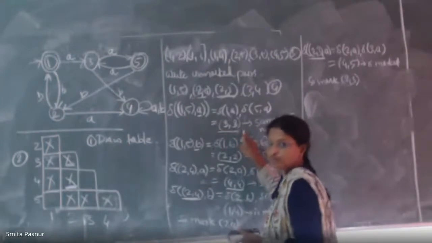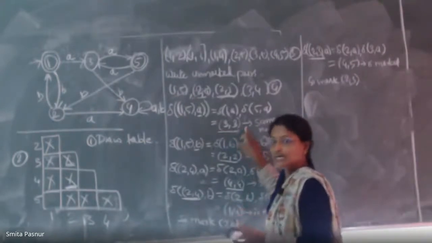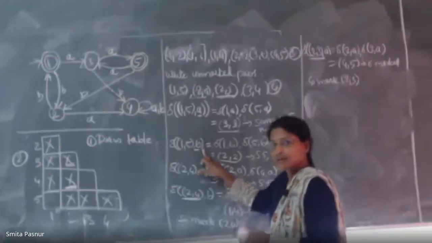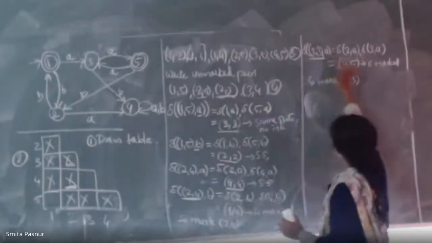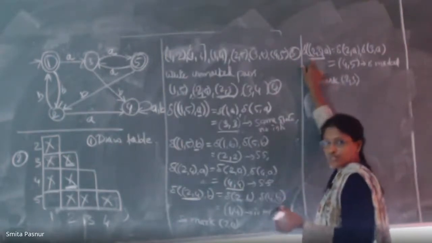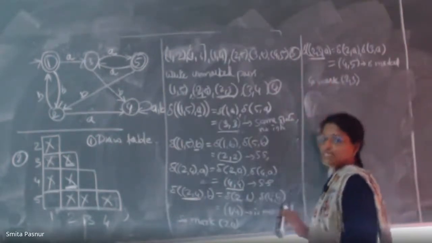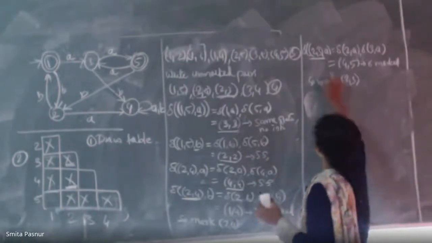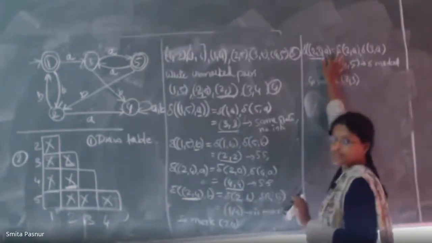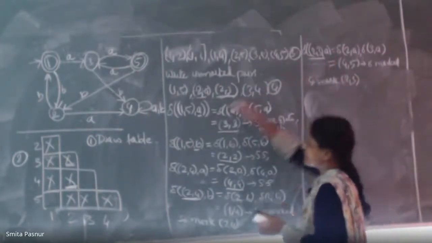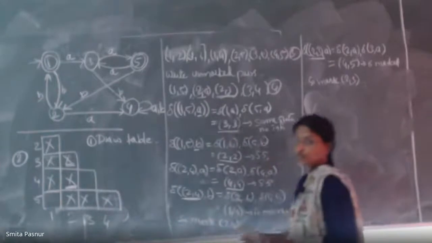Understood? Because what was happening earlier, first on A we didn't get anything. We got the same information, we didn't get any output, and that is why we tried for B input. Is that clear? But if for A input only you are getting a mark for this state, then that is enough. There is no need to go for B input. So that is why I am not going to try 2 comma 3 on B. I will stop there.